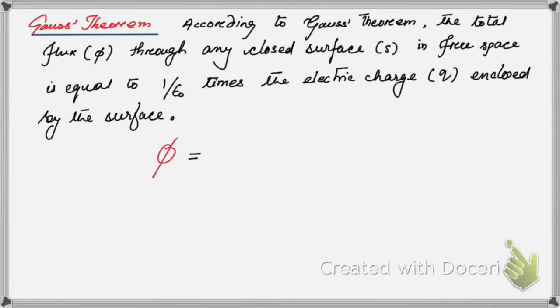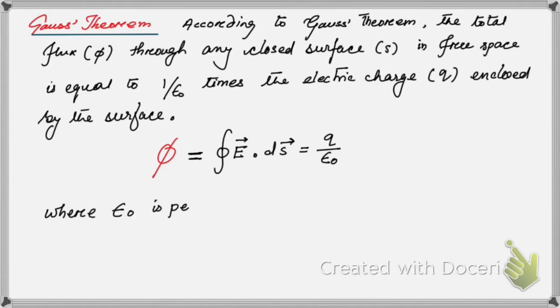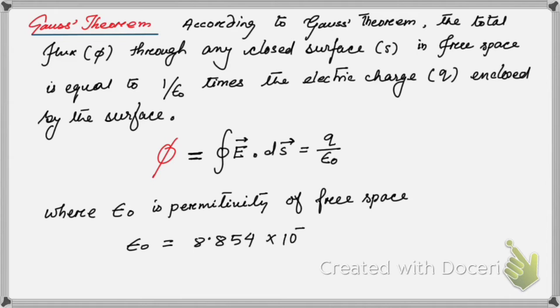That is phi is equal to integral E dot ds, which is equal to Q by epsilon naught, where epsilon naught is the permittivity of free space. Its value is given by this. This is the value of epsilon naught, right? So hope you have understood this.